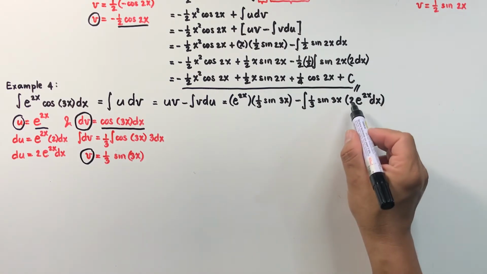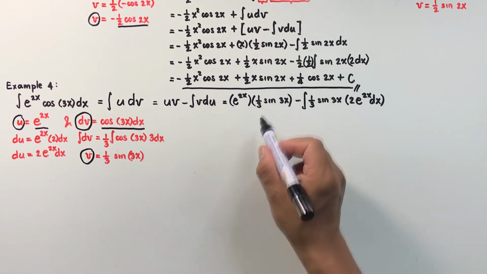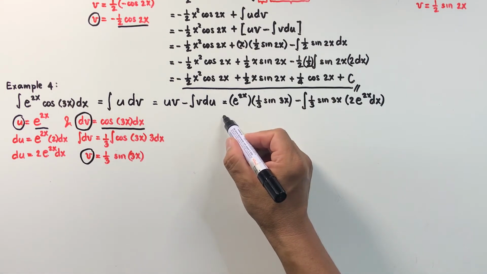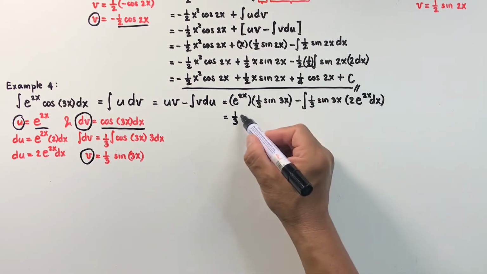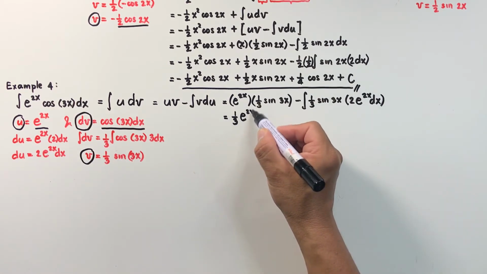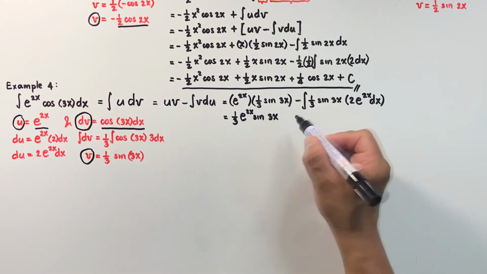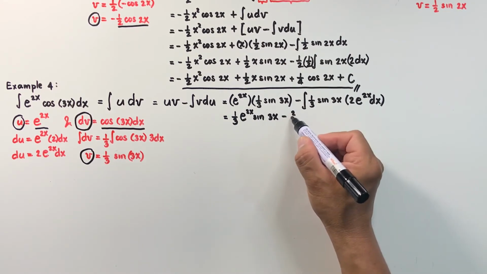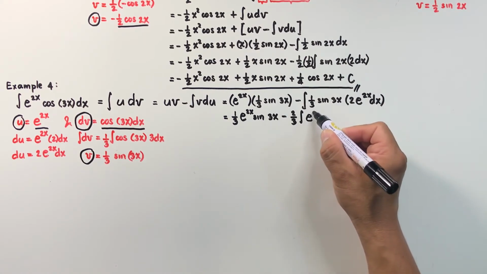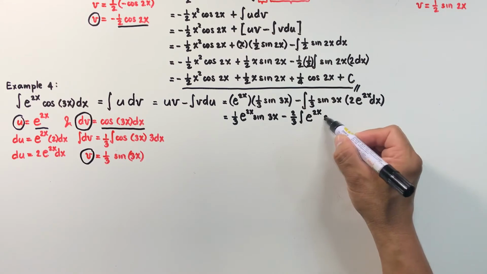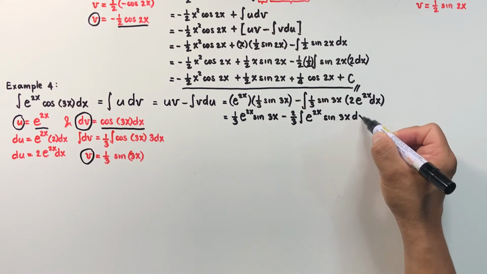So factoring outside these constants in front of the integral symbol, and also this 1/3 in front of e to the 2x, we have 1/3 of e to the power 2x times sine 3x minus 2/3 times the integral of e to the power 2x sine 3x dx here.